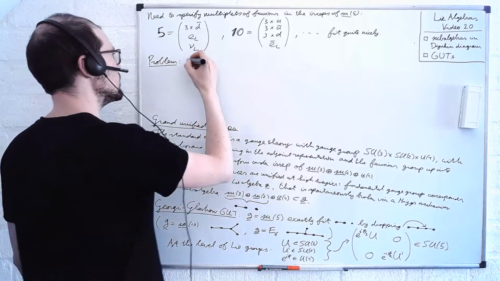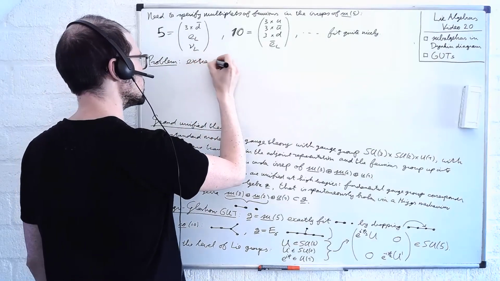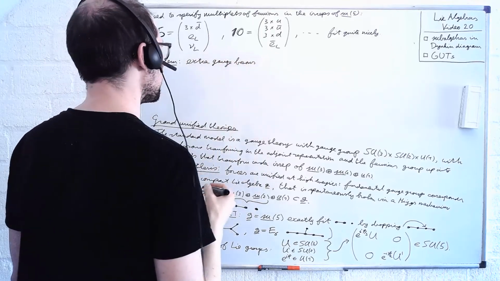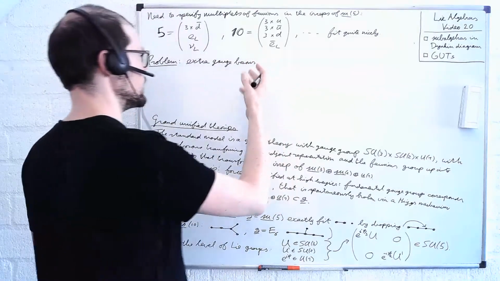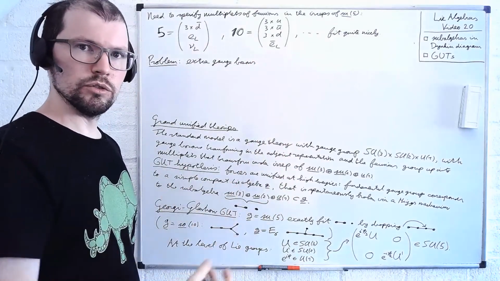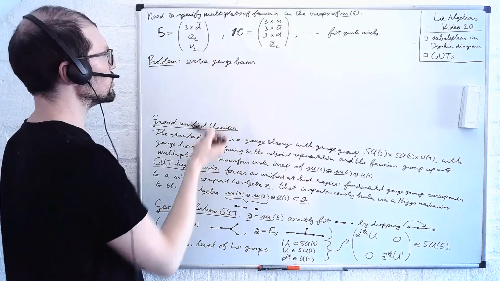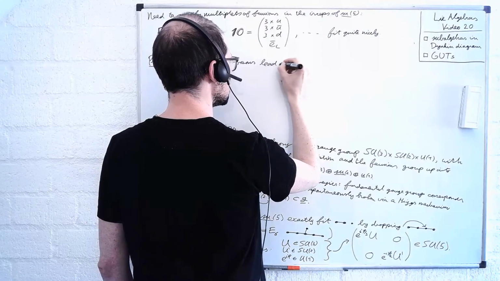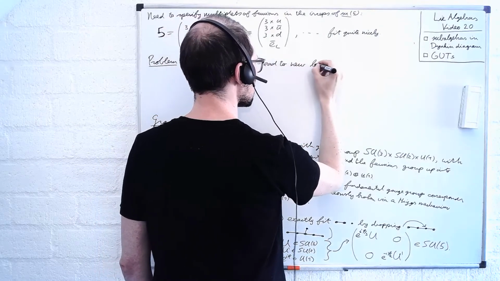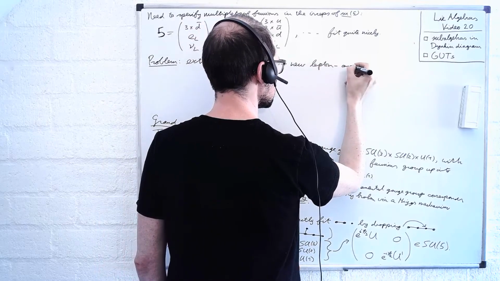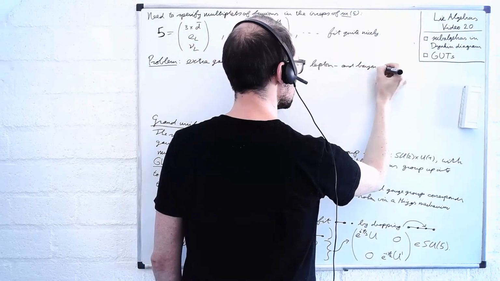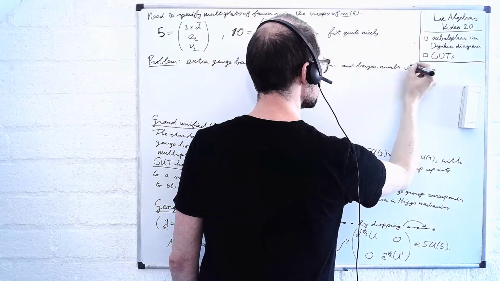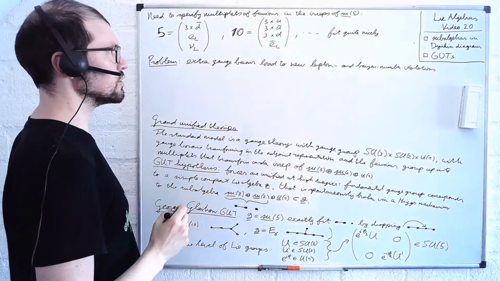So in particular, the extra gauge bosons, their interactions lead to new lepton and baryon number violations, since they mix leptons and baryons.